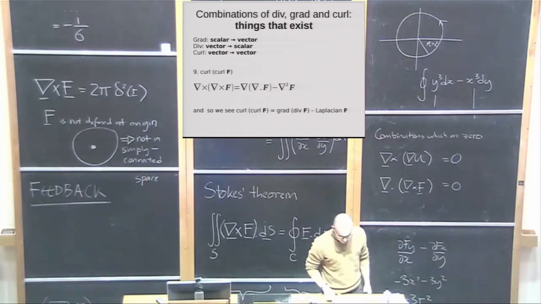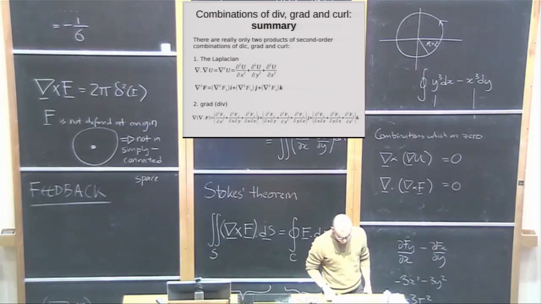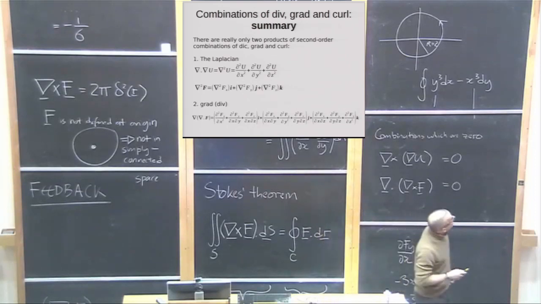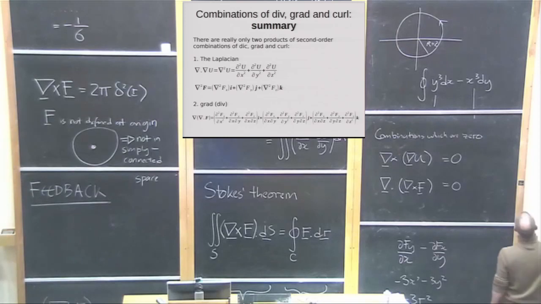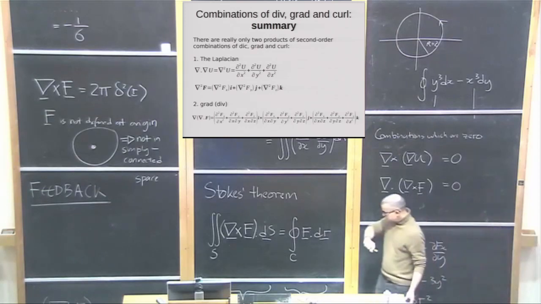Again, it's all written down, and I think that's almost it. So here we are. In summary, there are only two products of div, grad, and curl which actually mean anything. The most important one you will definitely come across is the Laplacian, which has both scalar and vector forms, and you may, if you're unlucky, come across grad div.